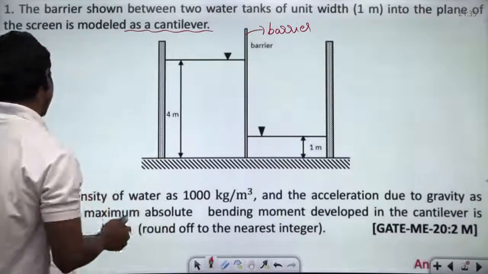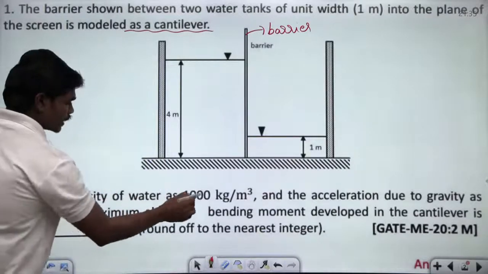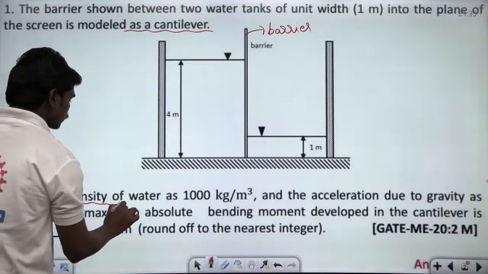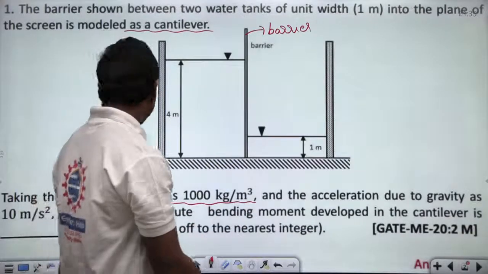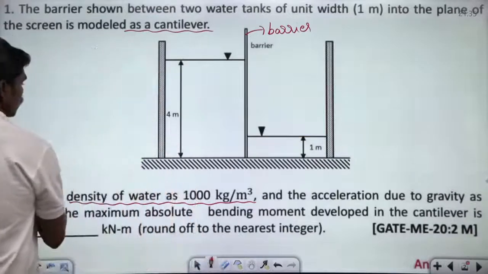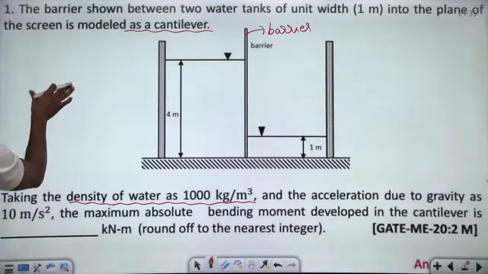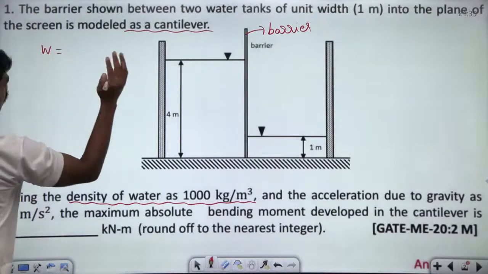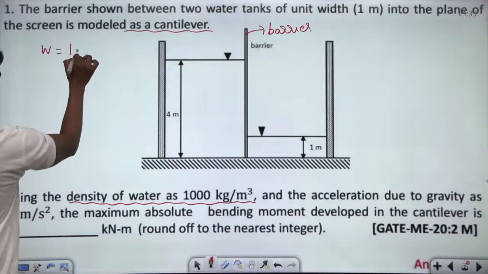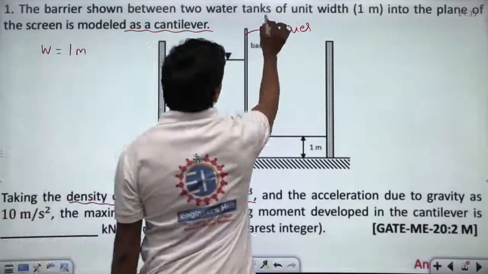Correct. So now see what he is asking for. Take the density of water as 1000 kg per meter cube, and the acceleration due to gravity as 10 meters per second square. So let us sort out some important data given in the question. The width of the plate into the plane of the screen is 1 meter, because it's clearly given, two water tanks of unit width.